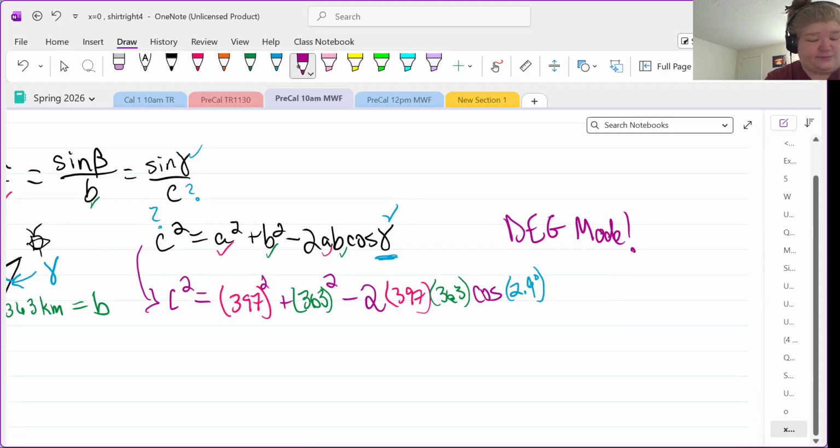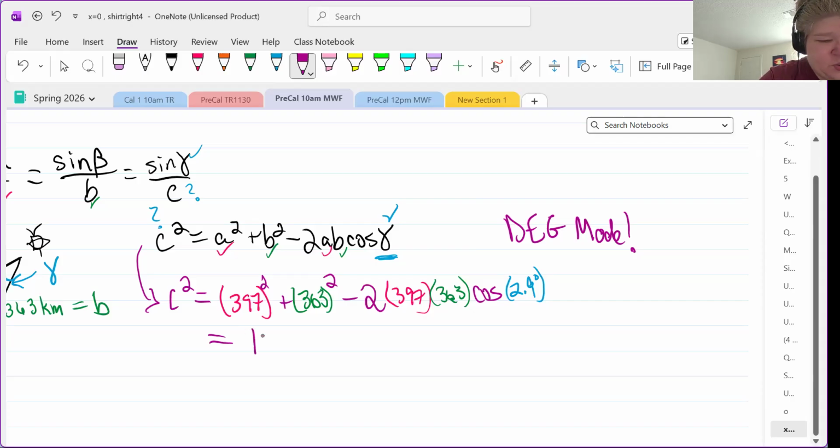All right. So, yep, I'm in degree mode. Now I'm going to type that whole entire thing. So 397 squared plus 363 squared minus 2 times 397 times 363 times the cosine of 2.9.